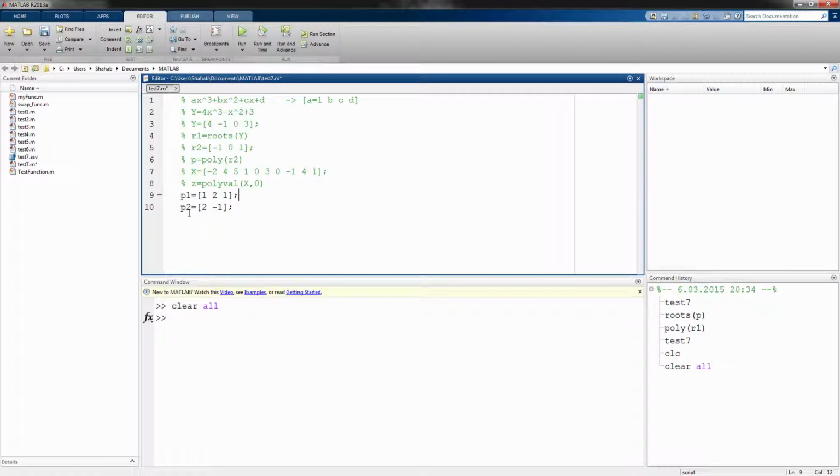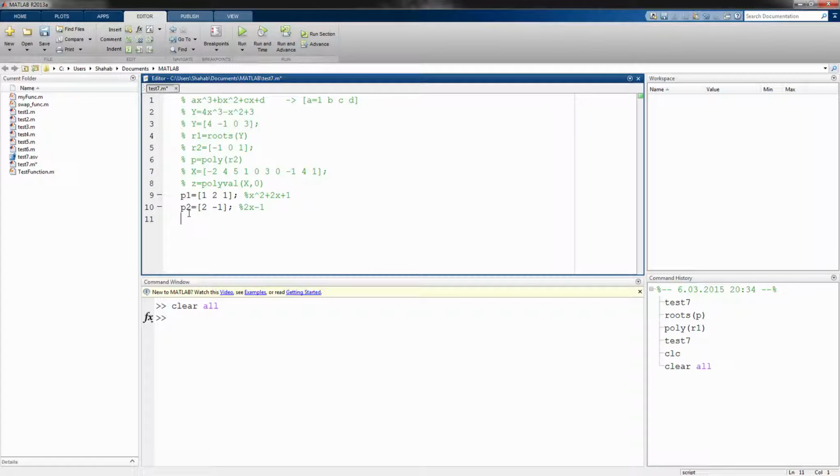As you can guess, this means that p1 is x squared plus 2x plus 1, and the next one is basically 2x minus 1.